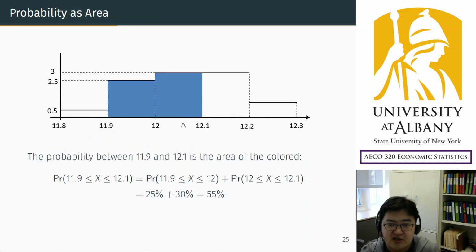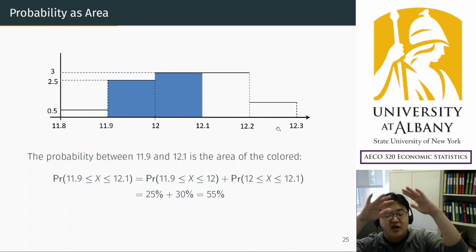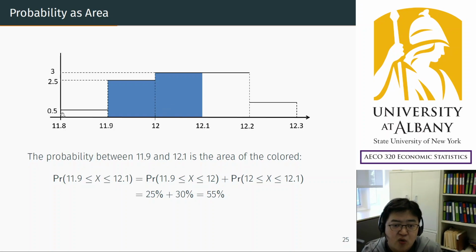Then the key here is that in this approach, what you need is the graph. You have to have this step-like graph, or it can be smooth. Anyhow, you have to have a graph that allows you to calculate the area below that graph.